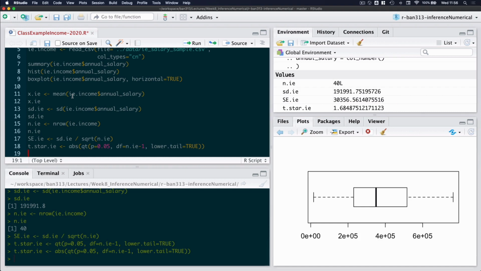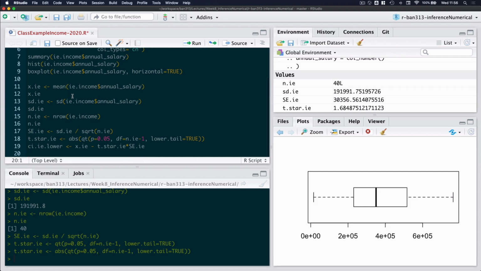With the standard error and this critical t star value, I can proceed to calculate my lower confidence level, which is my sample mean minus this t star value times the standard error.